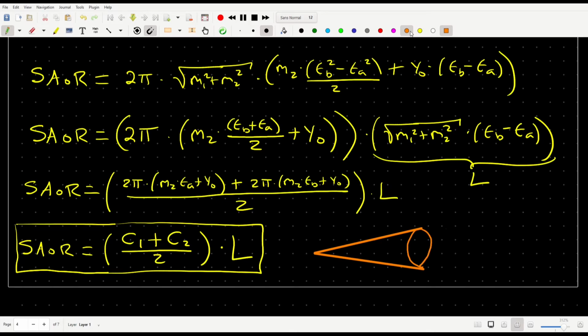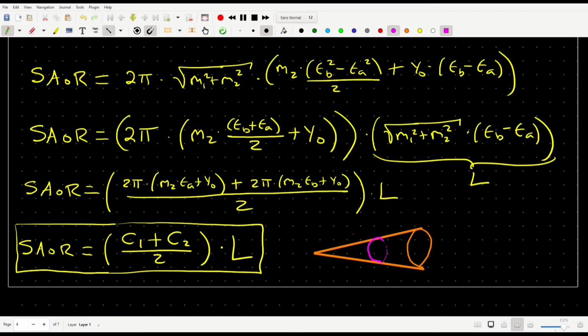the frustum will always be the surface area of this larger cone minus the surface area of a smaller cone circumscribed onto the surface of the larger cone.